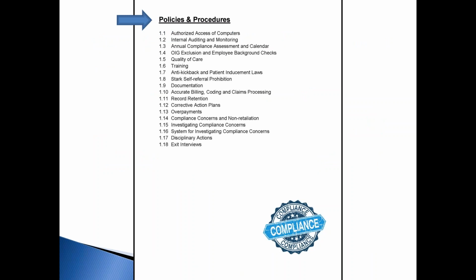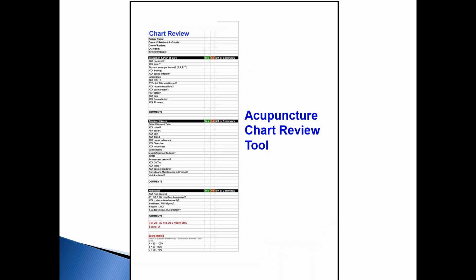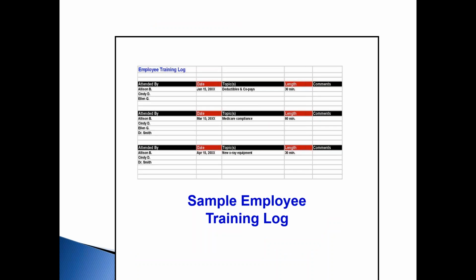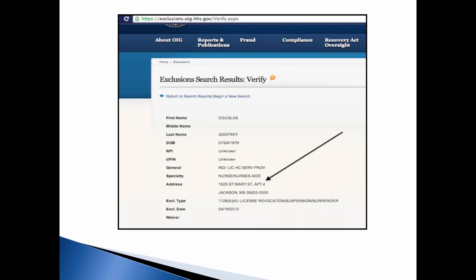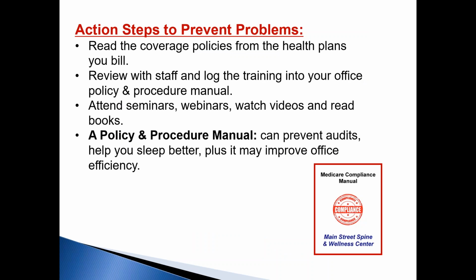I don't know if you've ever done that, and you might not even be doing it for your chiropractic records. You should. If you're billing Medicare, it's mandatory that you do a chart review. We put together an acupuncture chart review tool. We have sample training logs. So if you want to get an acupuncture or chiropractic billing and coding compliance manual from us, let us know.